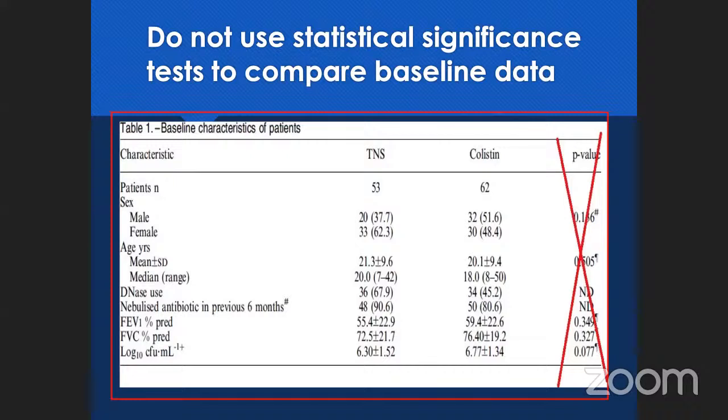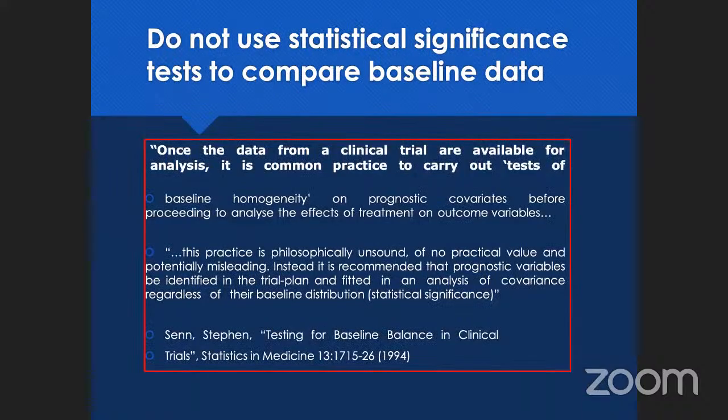A simple example of this is when someone uses a statistical significance test with p-values to compare baseline data, such as gender or age. These are of no value to the actual result of the research, and should only be mentioned as a comparison point, not as a significance indication.